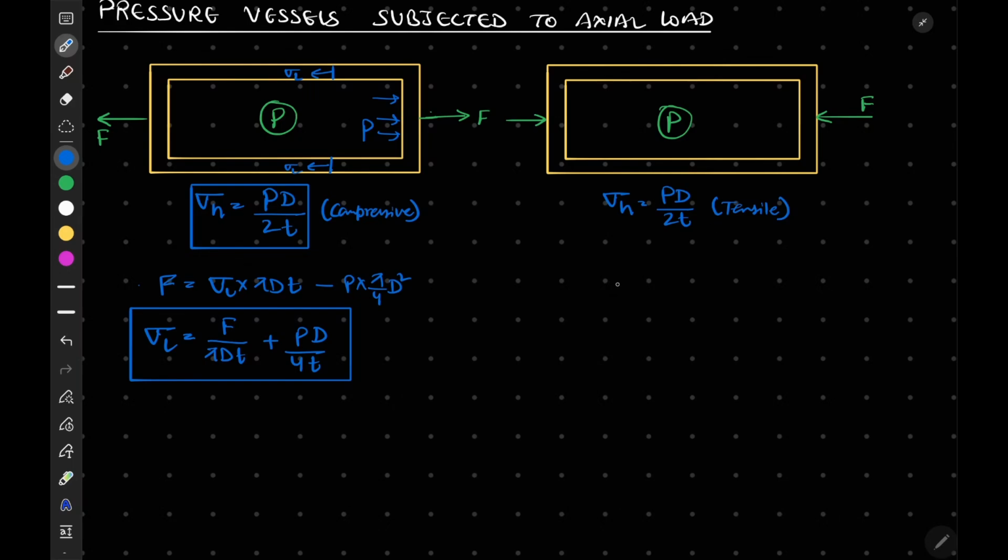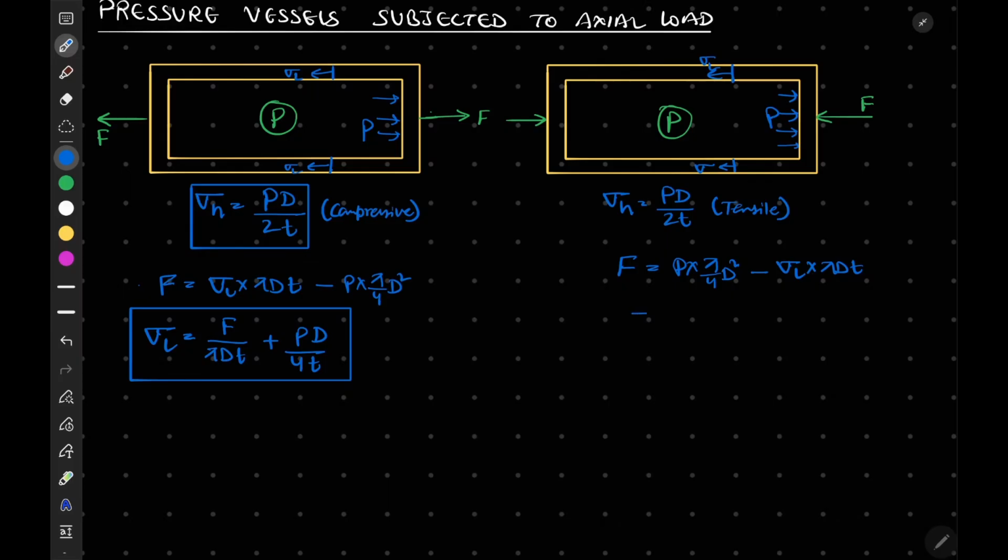And in the other case, again let's take sigma L in the same direction only, and everything will come out automatically. Sigma L is in this direction and P in this direction. So the net force F will be equal to P into pi by 4 d square minus sigma L into pi dt.